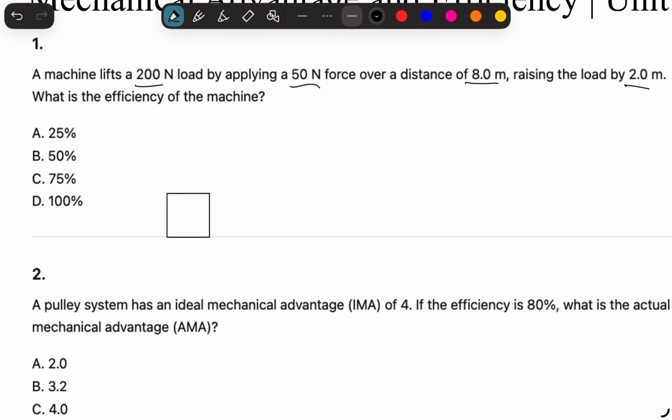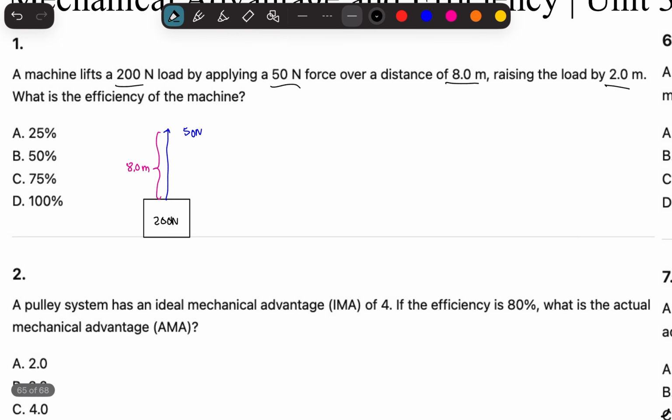So here we're going to draw out our load. This is our load. And it's going to be a 50 Newton force upward. The distance of this 50 Newton force that is going to make the object move by is going to be 8.0 meters. And this load again is 200 newtons.